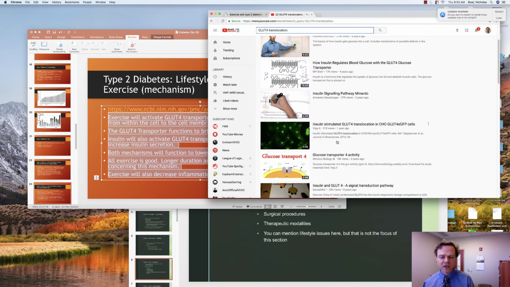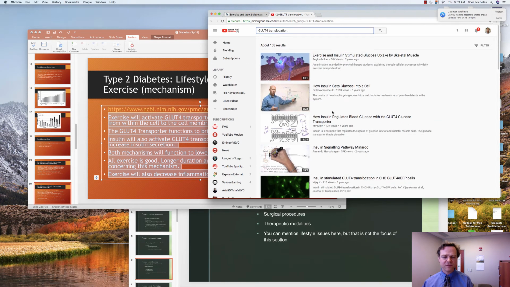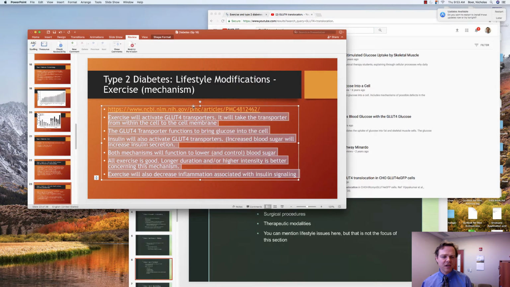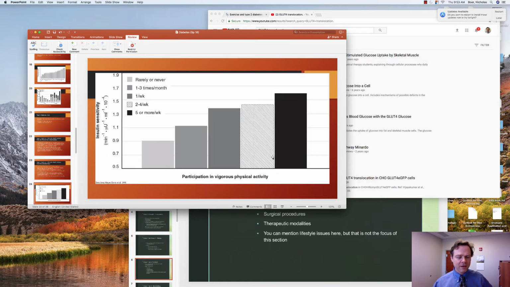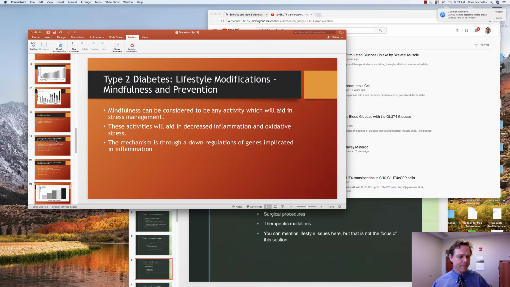I would watch a few of them to get a feel for what exactly this is talking about, especially if you're fuzzy with the first video. You can get a better understanding of what's going on and how exercise is creating that mechanism. And then this, again, is a graph from the textbook.